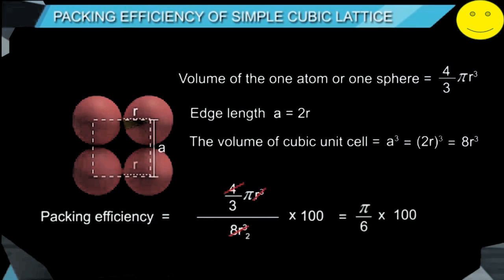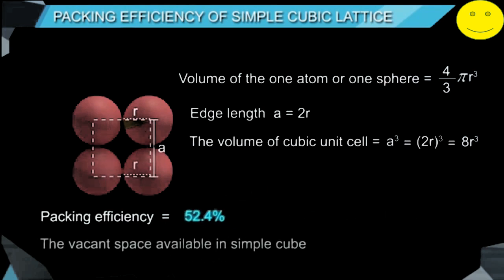So we have taken the volume of one atom divided by the volume of the cubic unit cell multiplied by 100. Now in this formula, for the volume of one atom we will put 4 by 3 pi r cube, and for the volume of the cubic unit cell we will put 8r cube.